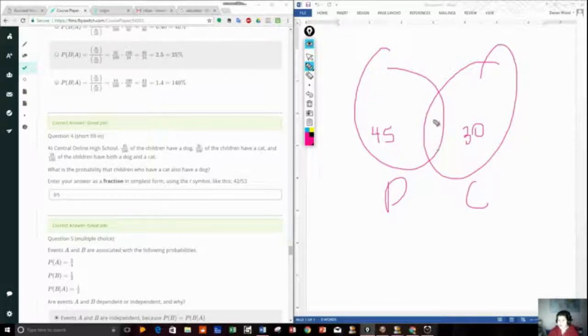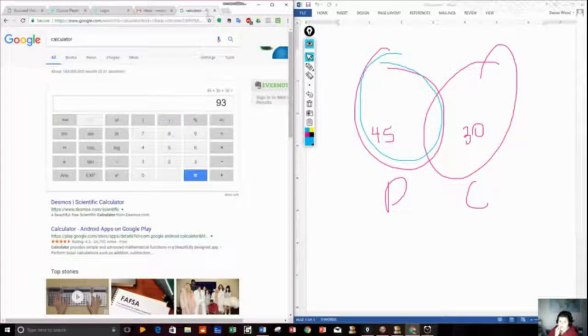To account for the 18, the dog circle total has to be 45, so I take 45 and subtract 18, which gives 27. So we have 27 and 18, because that total has to remain 45.